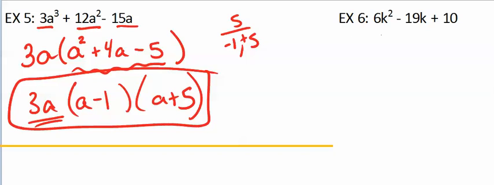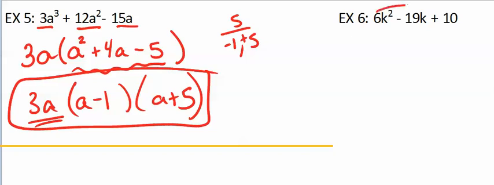Our last example, 6k squared minus 19k plus 10, is a little bit different because you'll notice that there is not a GCF, and so we have to do a little bit different process. This is called factoring by grouping, and basically you take it from a 3-term polynomial to a 4-term polynomial.